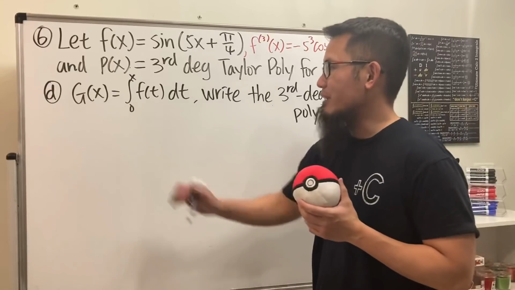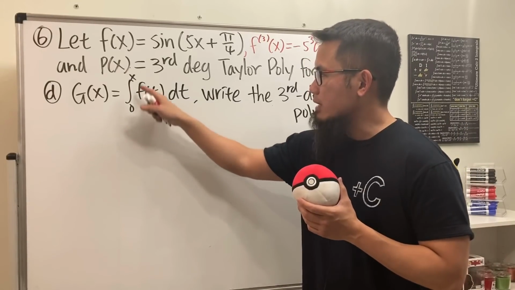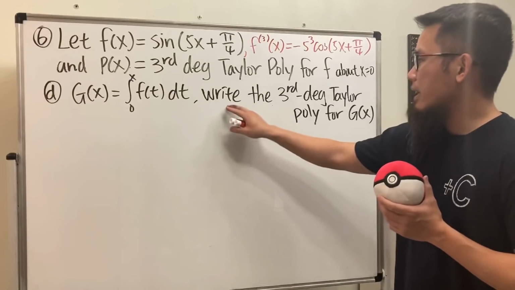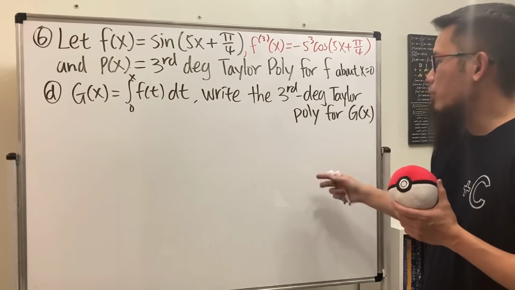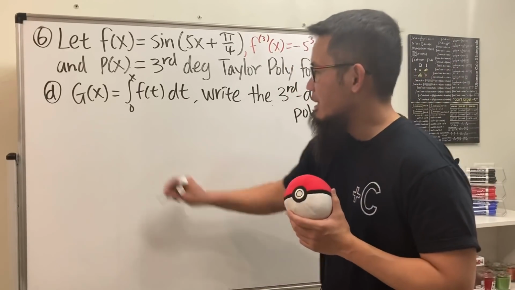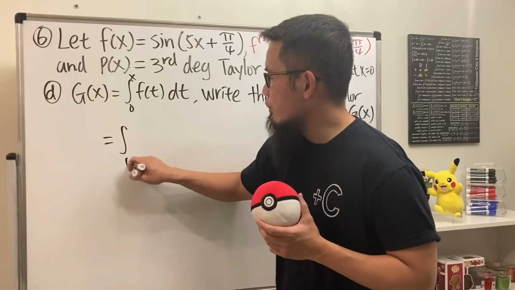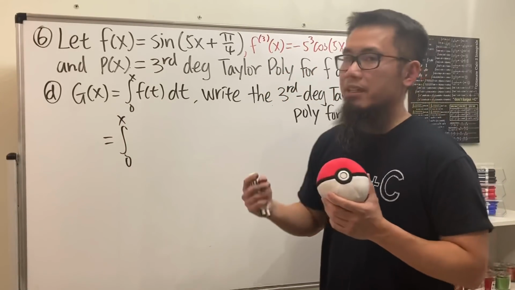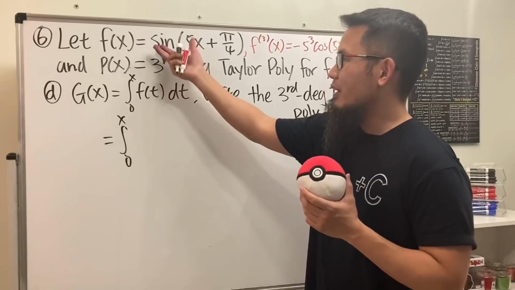Okay, this is the last question. Here we are going to have g of x equal to the integral going from 0 to x of f of t dt. And we are going to write the third degree Taylor polynomial for g of x. We're going to finish this strong. Check this out. Let's just get the polynomial for f of t.